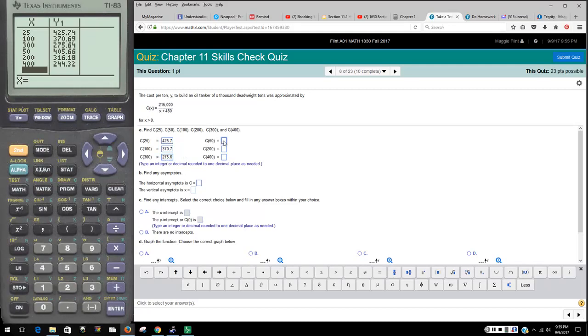Cost for 50 is going to be 405.7. Cost for 200 is going to be 316.2. And the cost for 400 is going to be 244.3.